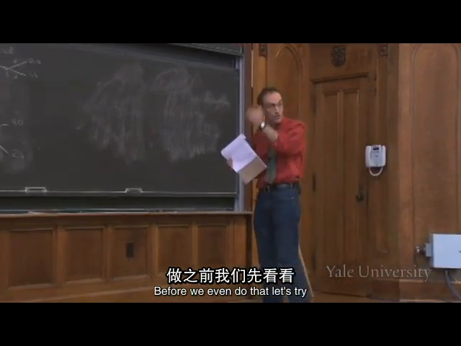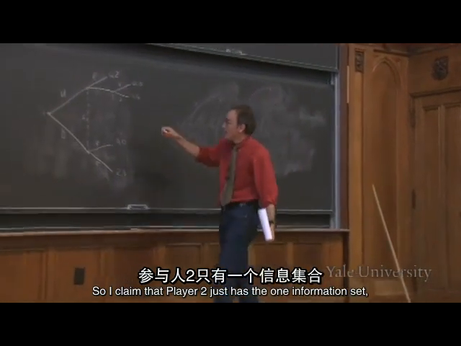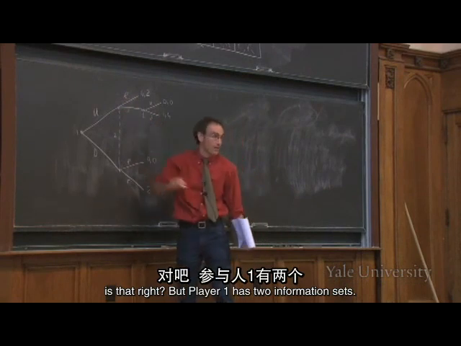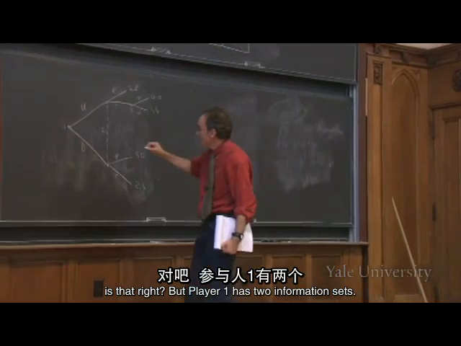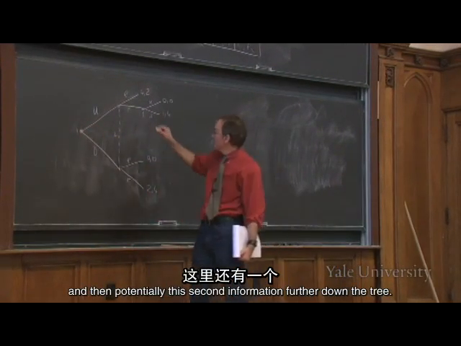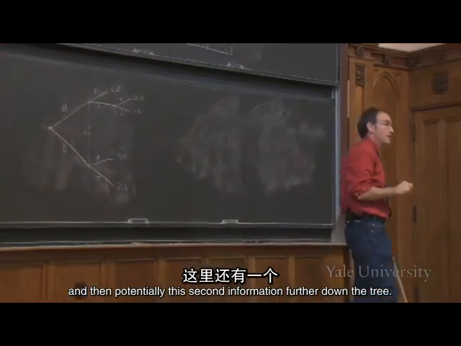Before we even do that, let's figure out how many information sets they have. I claim that player 2 just has the one information set, but player 1 has two information sets: this information set at the beginning of the game, and then potentially the second information set further down the tree.